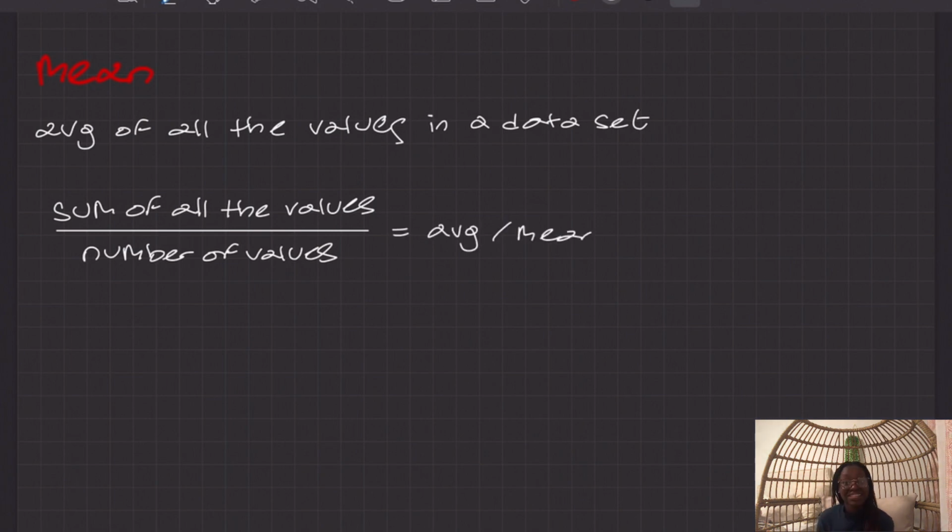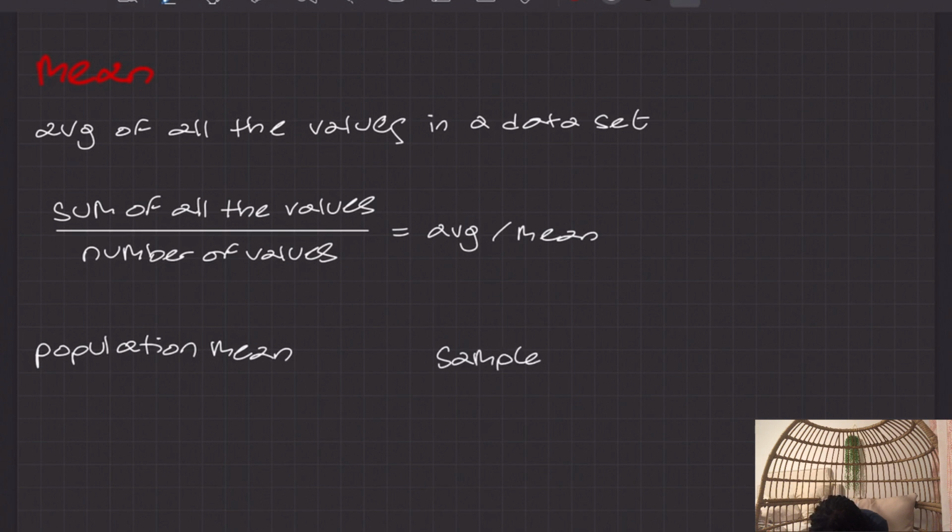Now, in stats, there are two types of means. There is the population mean, and the sample mean. It is important to note the difference between these two means because, remember, in statistics, there are two different types of statistical reasoning.